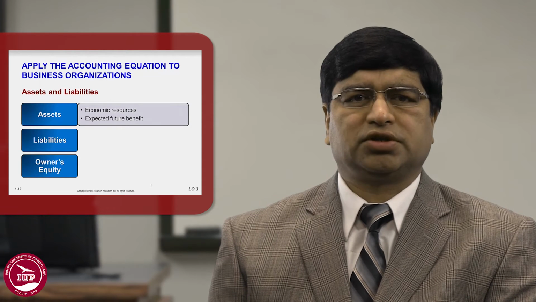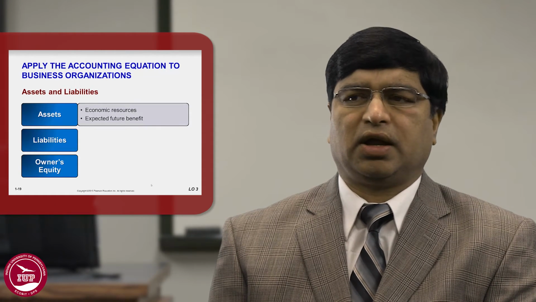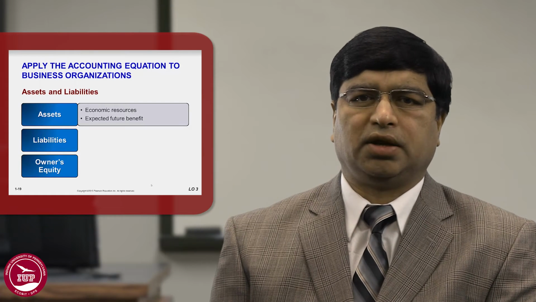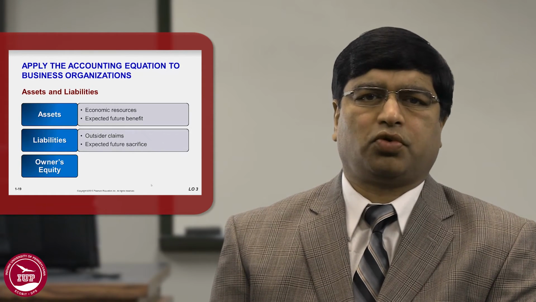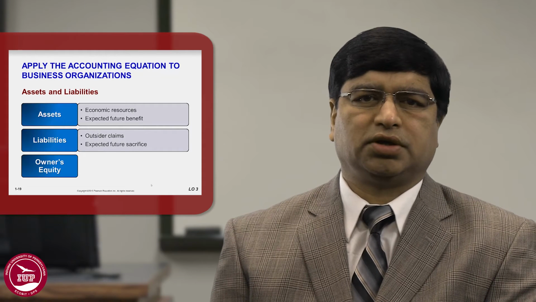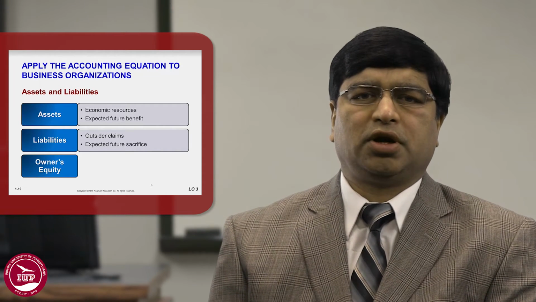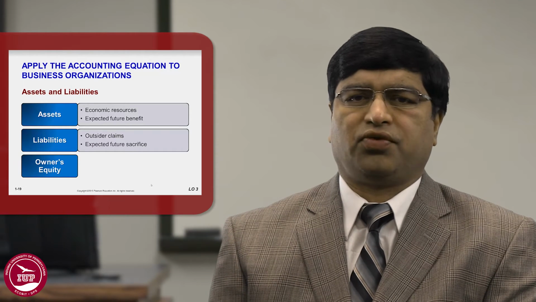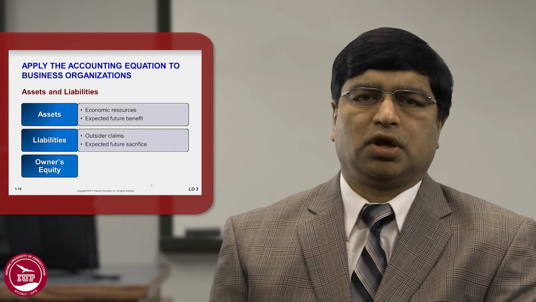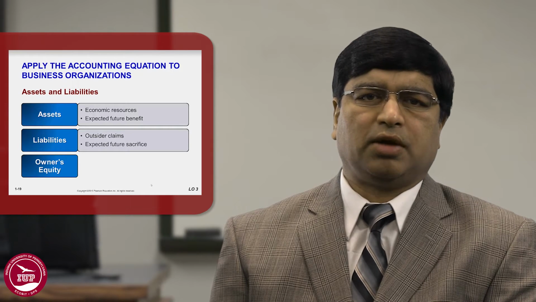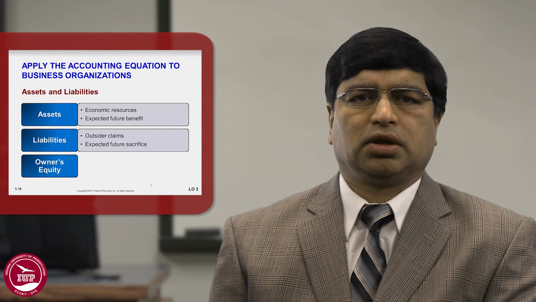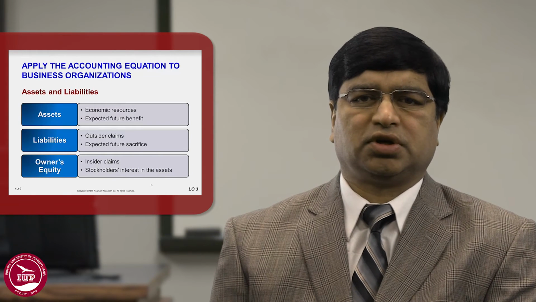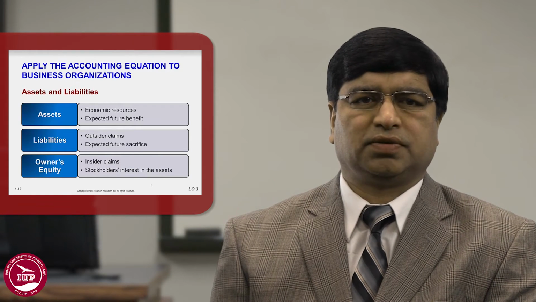Now, in terms of assets, assets are defined as economic resources owned and controlled by the entity, which are expected to provide future benefits to the organization. Liabilities are the claims of the outsiders. So if you have borrowed from a bank, the business is liable to pay the bank back, and it entails an expected future sacrifice or a payment.